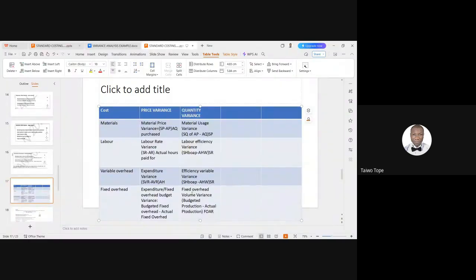So in solving variance, your outcome will either be favorable or unfavorable. I explained this while we were treating flexible budget.